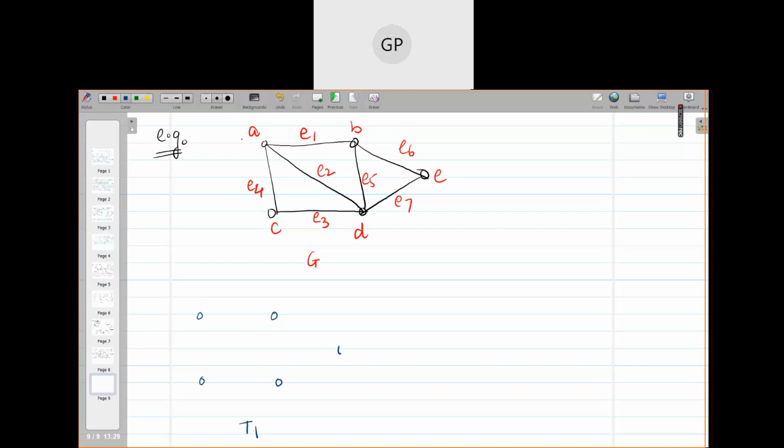I will write all the vertices. We have to take all the vertices as they are in the original graph.